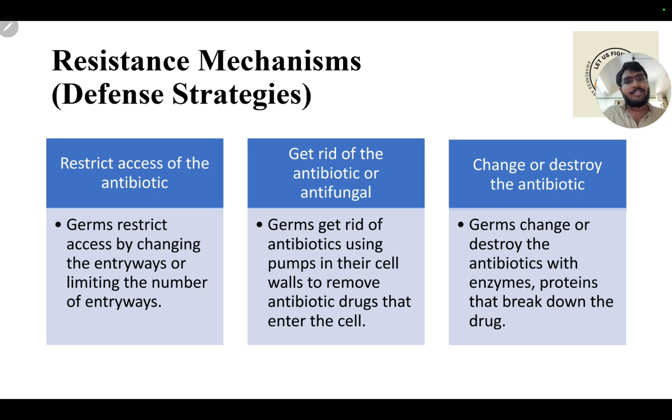And the third strategy was to either do some chemical modification or to destroy the antibiotic using enzymes so that it is converted into a form which no longer has medicinal properties. So these are the different mechanisms by which microorganisms can exhibit antibiotic or antimicrobial resistance.